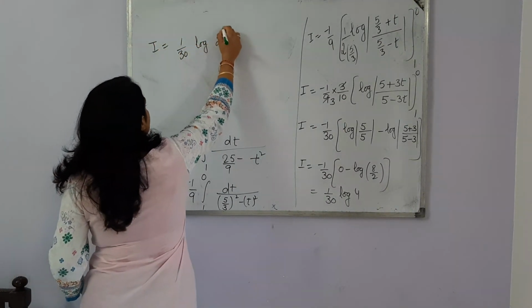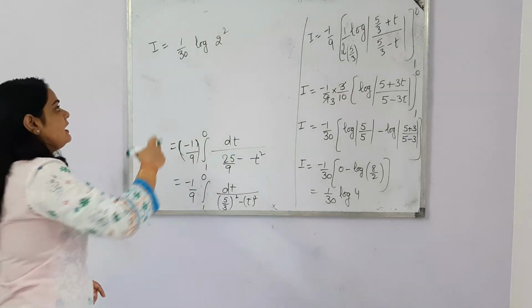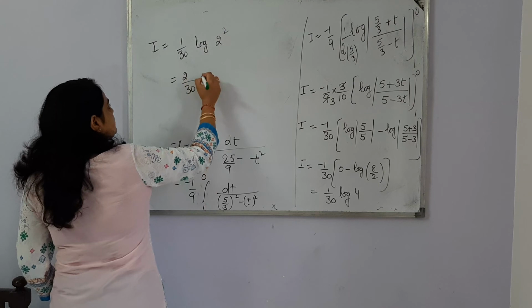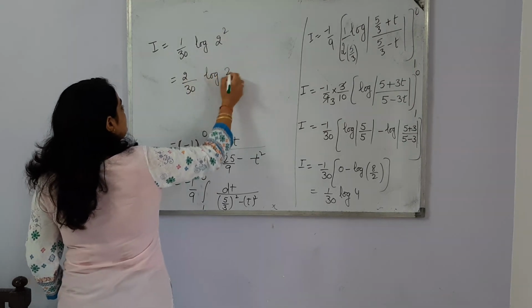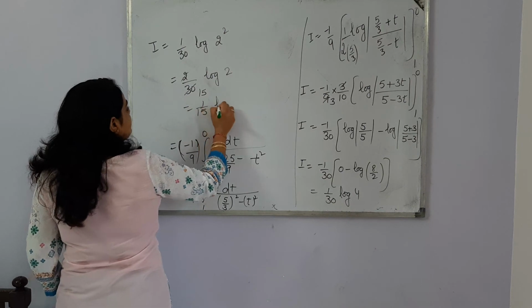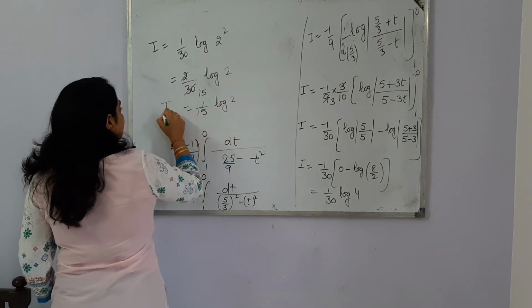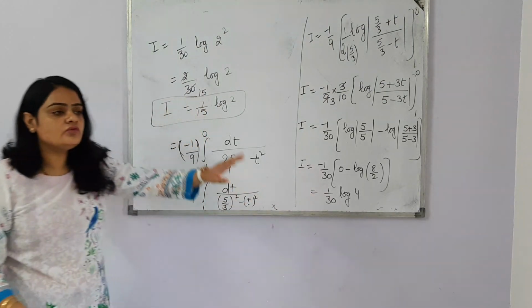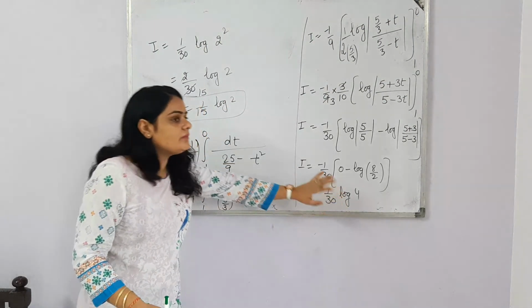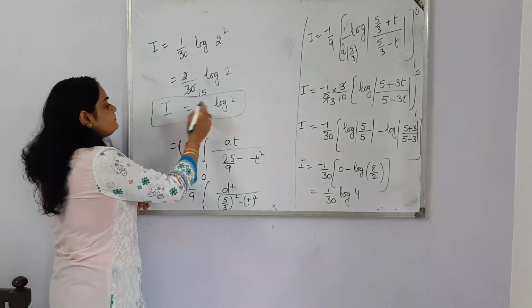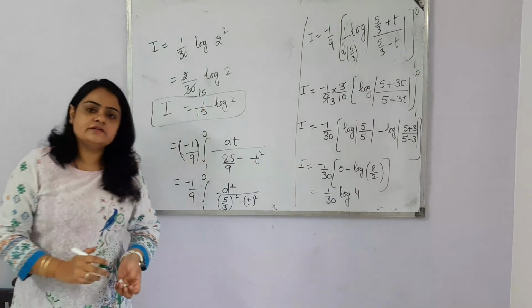Can I write 4 as 2 square, and after that this 2 can come out, 2 by 30 log 2, so it becomes 1 by 15 log 2. This is the value of I. You can leave the answer here as well. If you want to solve after applying the property of log, then the answer will be 1 by 15 log 2. Hope the questions are clear.